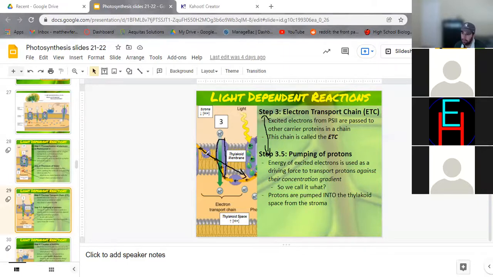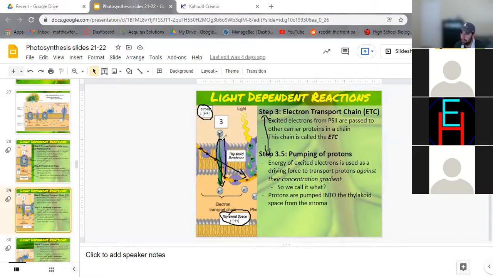As the electrons are passed through the ETC, their electrochemical energy is used to pump protons into the thylakoid space. They're coming from the stroma, which has a low concentration of protons, and the thylakoid space, or the lumen, has a high concentration of protons.